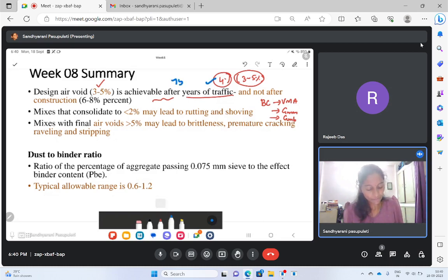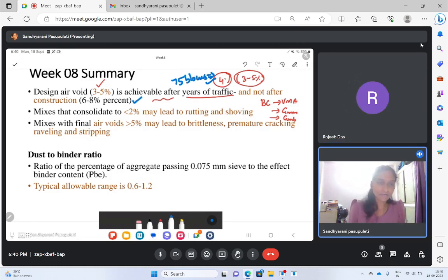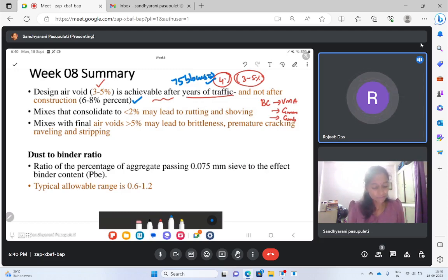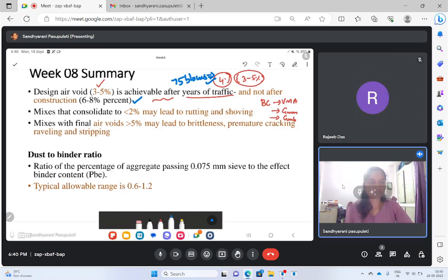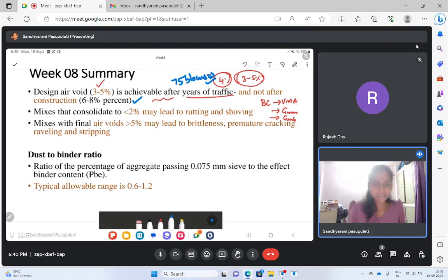That 75 blows which we are choosing corresponds to the 4% air voids. But when we do the pavement construction initially, it will have 6 to 8%. After a particular amount of years, it will be reduced to 4% air voids. So actually we are forecasting that 4% air void state, and we are casting that specimen, and then we will be checking for the volumetrics.